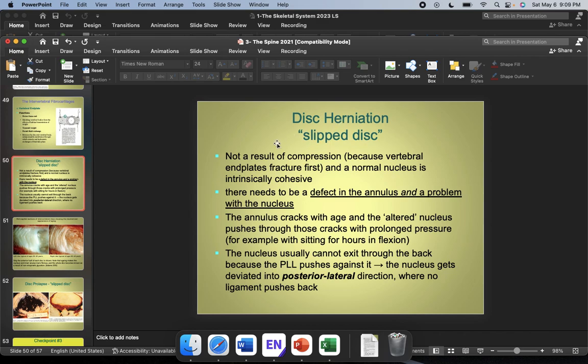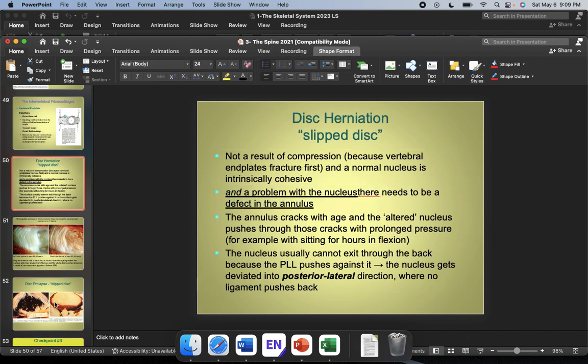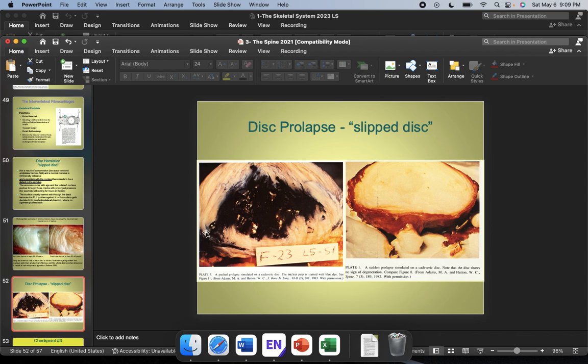The thing that I want you to glean from this slide is right here. In order for someone to have some type of disc problem, I'll come to this slide. Here, the nucleus pulposus in this image has been stained blue. At this posterior lateral corner, the disc has protruded through the annulus fibrosus into the periphery.